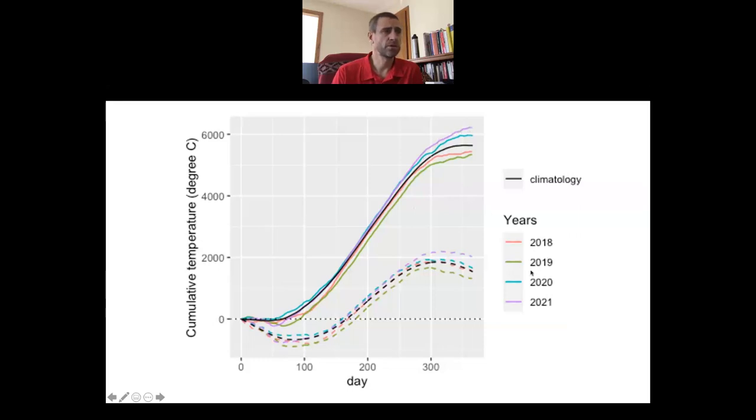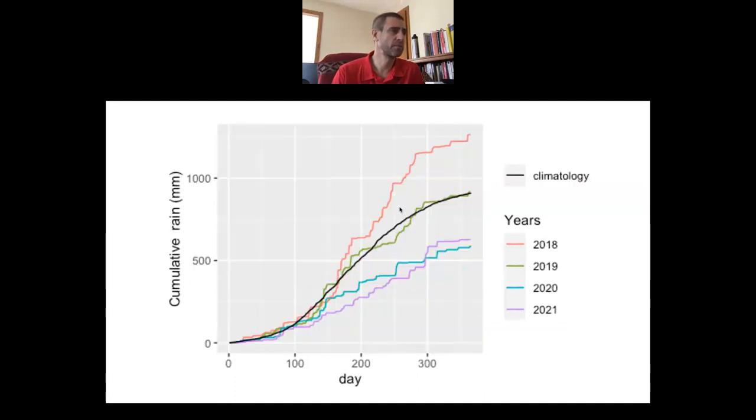And you can see, for example, that in 2019 we had a lot of cold temperatures in the winter, so they were below average. So this is a type of graph that, for myself at least, makes it a little bit easier to compare and contrast different years, and use them as an interpretation of the data.